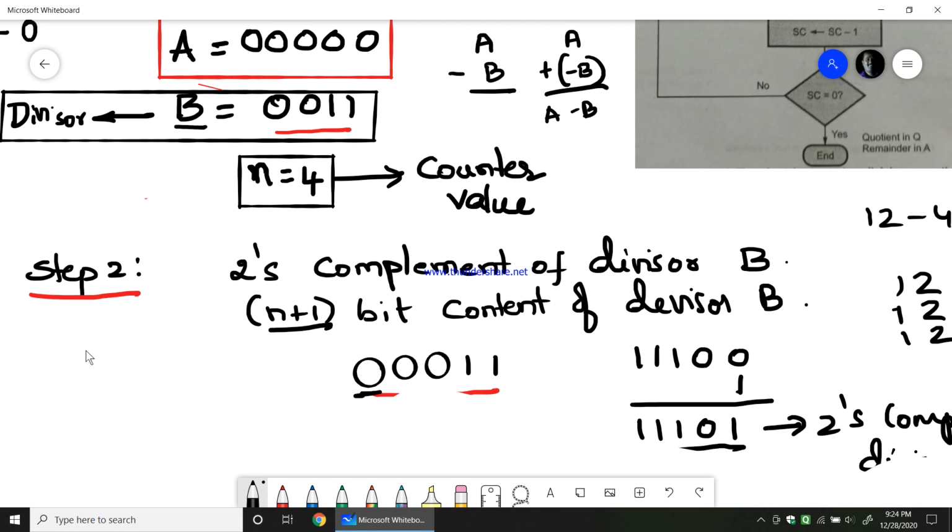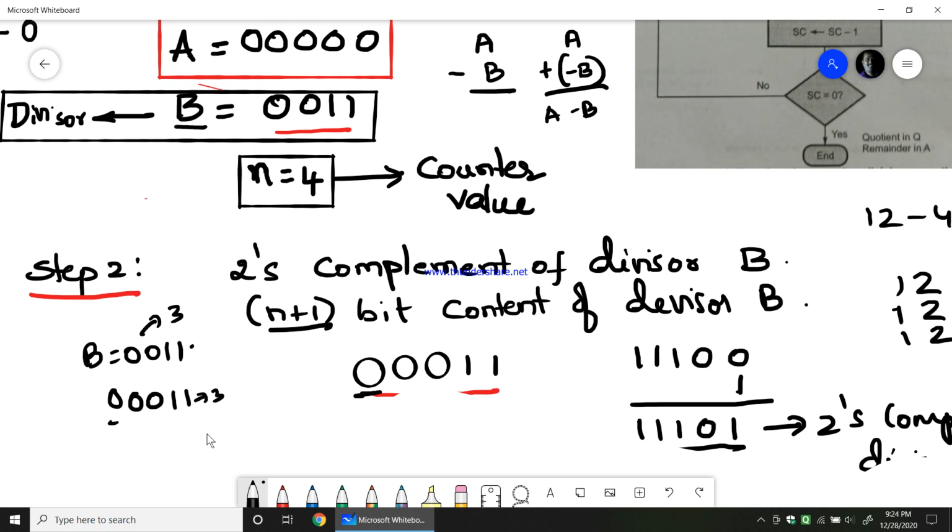As we know, the divisor is given as 0011, so I will append 0 in the beginning and convert it to 5-bit length as 00011. Adding a 0 in front doesn't change the value of B. 0011 is 3, and it remains 3 even though a 0 is added to make it 5-bit length. This is how we add 0 in the beginning and convert the divisor B into 5-bit length.